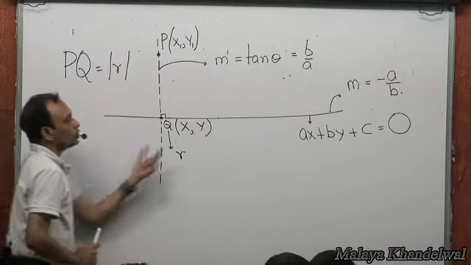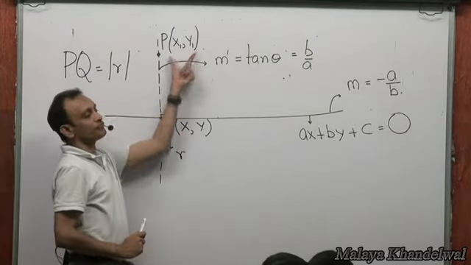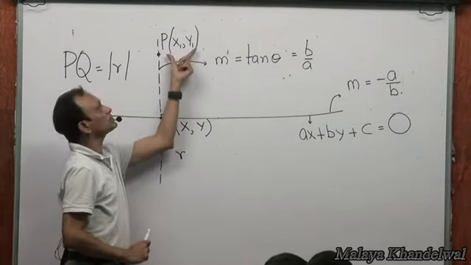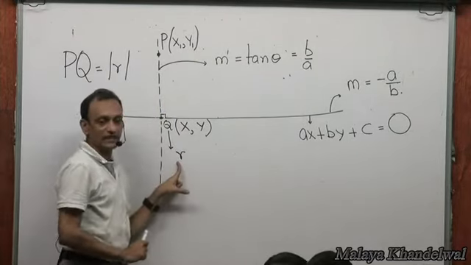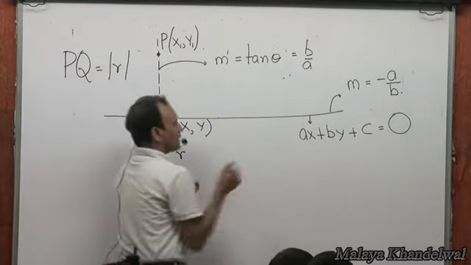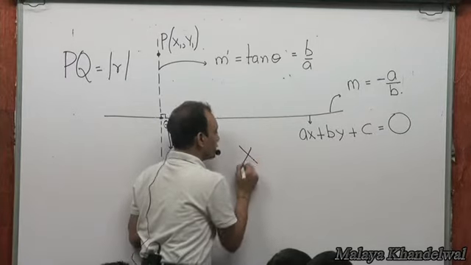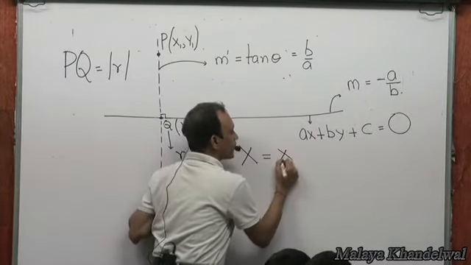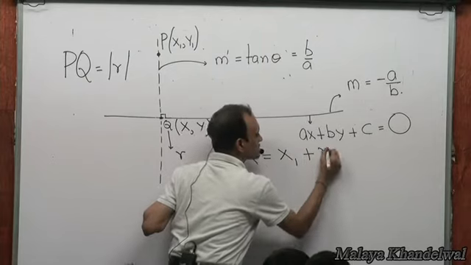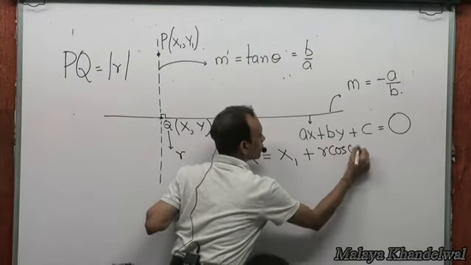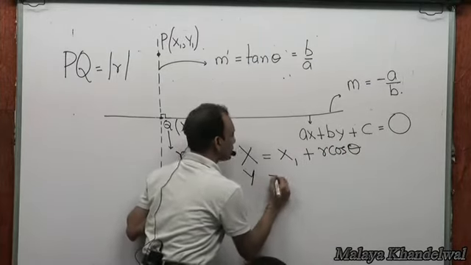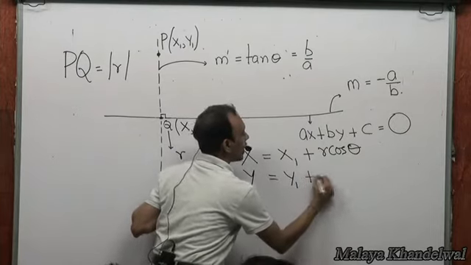Now, the xy coordinates of this point Q with respect to (x1, y1) in terms of the parameter r, like I just discussed a little while ago, x would be x1 plus r cos theta, y would be y1 plus r sin theta.